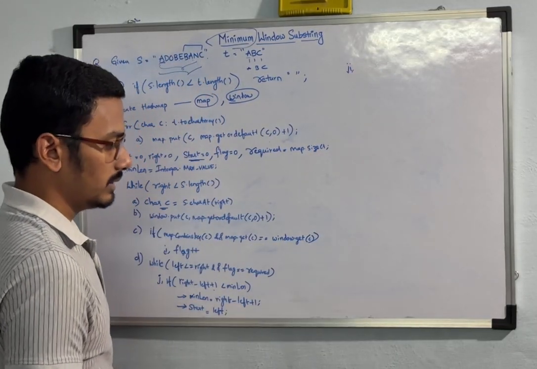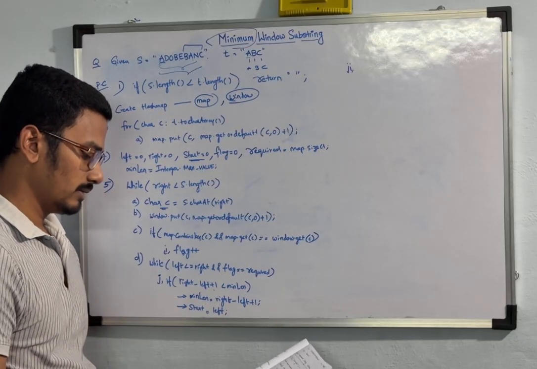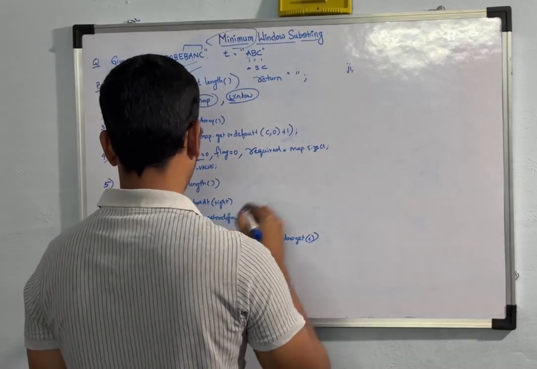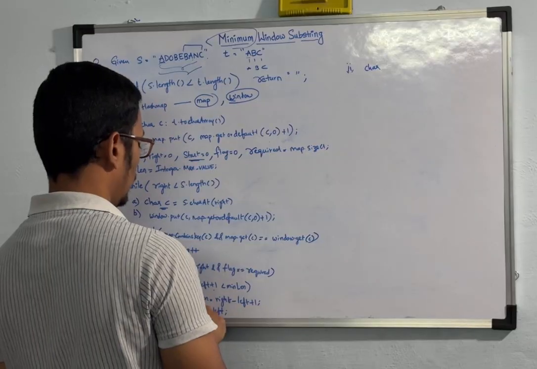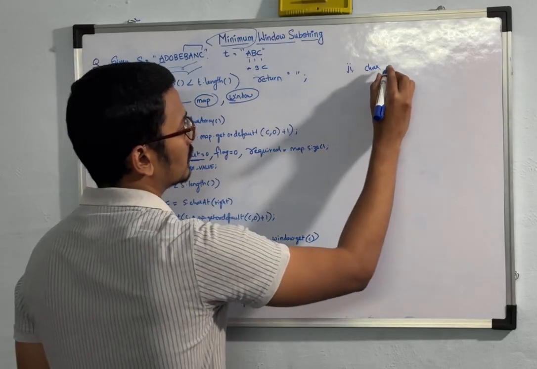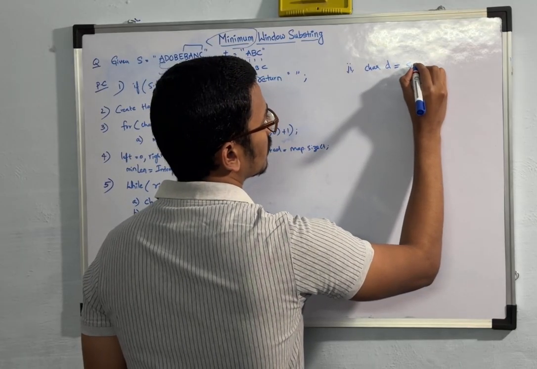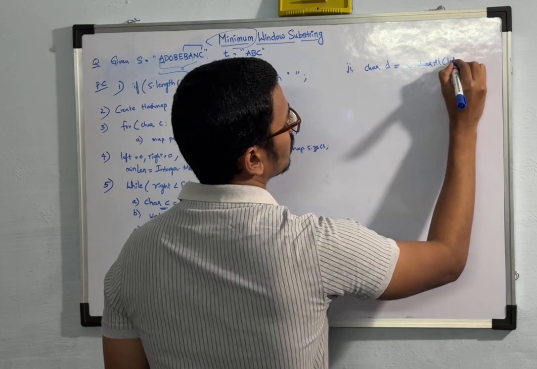So the second step is I have to get one more character which is at left. So it's nothing but here we have given C right here. Okay, I'll change this. Char d, let's say s dot char at left.